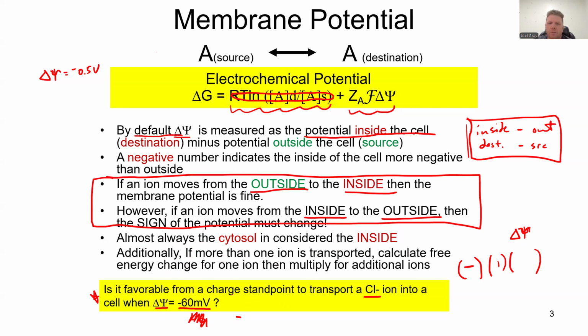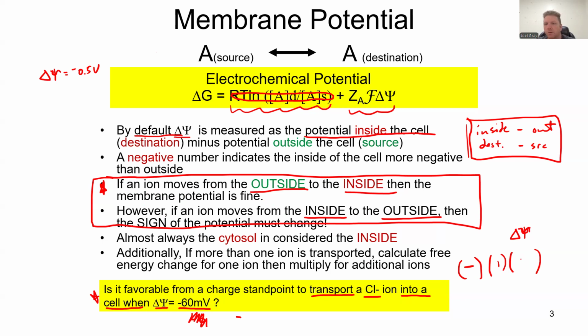Is it favorable from a charge standpoint to transport a chloride ion into a cell? Okay, so we're going from the outside in. And let's look at this first point. If an ion moves from the outside in, then the membrane potential is fine. Okay, we are going into a cell, which is the same as from the outside in.